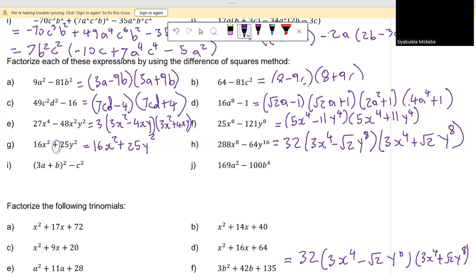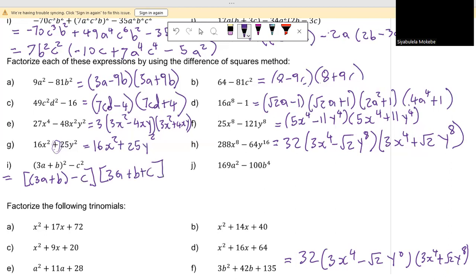Okay, looking at I, 3a plus b is a square minus c squared. So this is 3a plus b minus c, then 3a plus b plus c. Check.